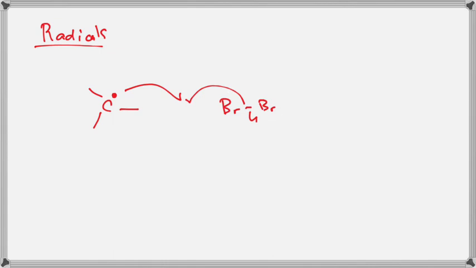These are not an easy thing to navigate and draw. If we consider this reaction, where's that first arrow going? I'm going to have to flip the script.